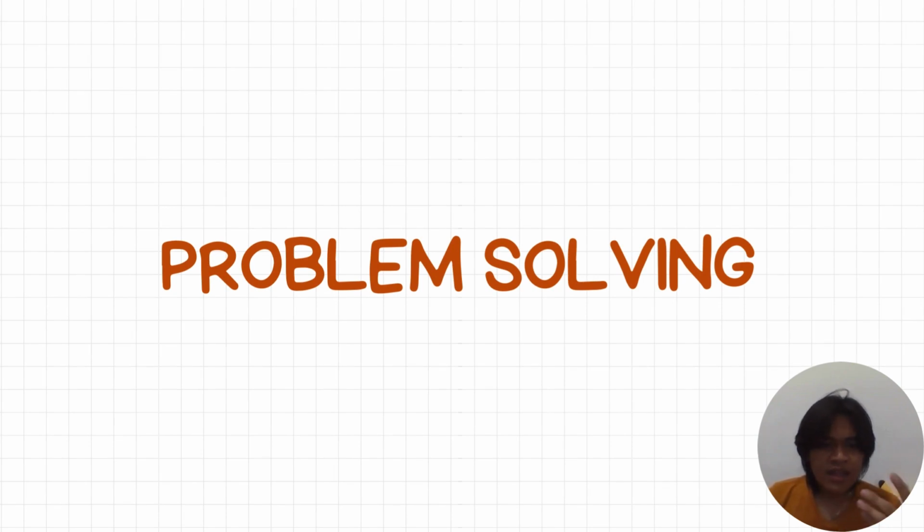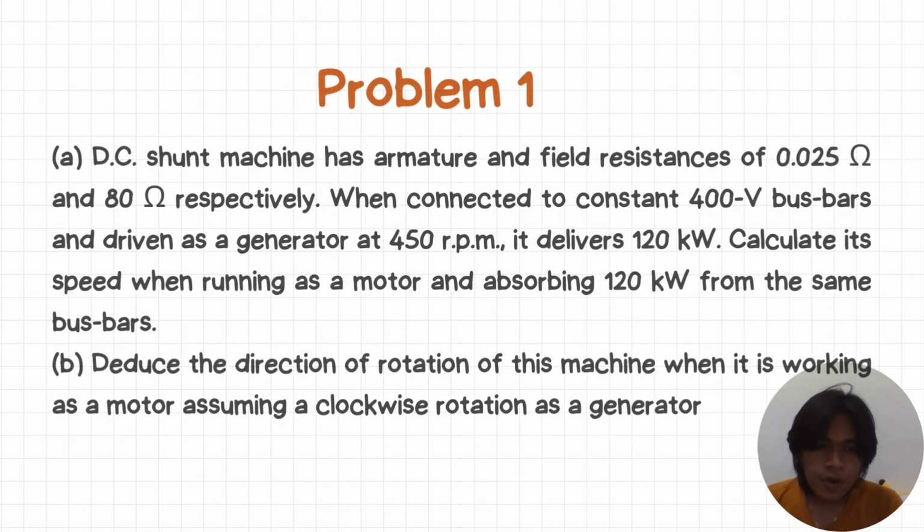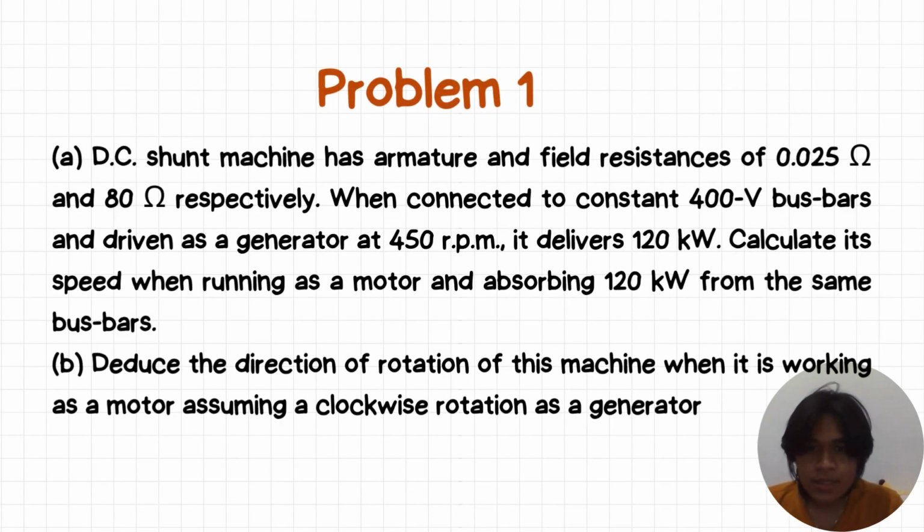Now that we have studied the needed lessons and formulas for these problems, we can now start solving the two problems given to us. So, problem 1. A DC shunt machine has armature and field resistances of 0.025 ohms and 80 ohms respectively when connected to a constant 400-volt bus bars and driven as a generator at 450 rpm.